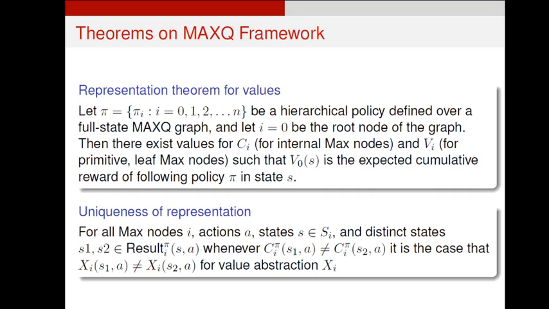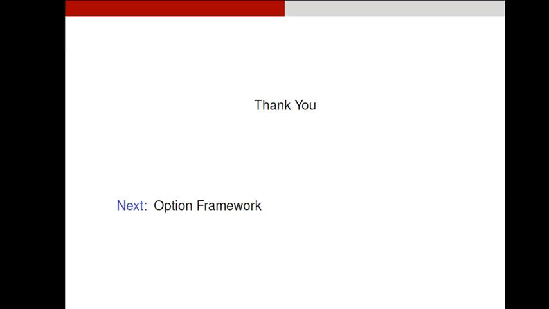Whenever two states s1 and s2 are from the same hierarchy, if the internal q values are not the same, in that case the corresponding value functions are not the same. That means the representation is unique. This is all about our first framework in reinforcement learning, called the MAXQ framework.